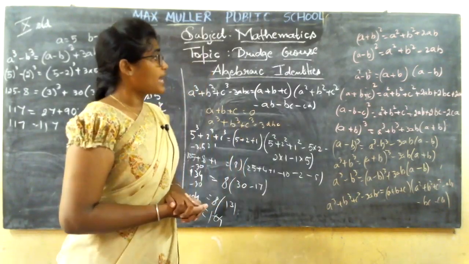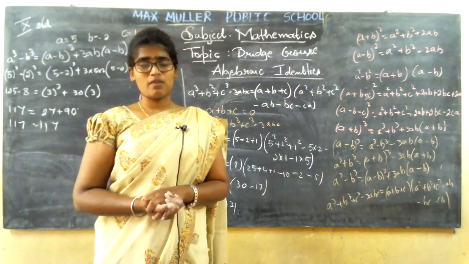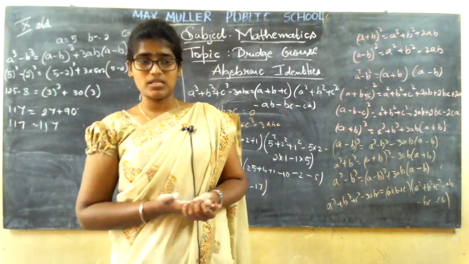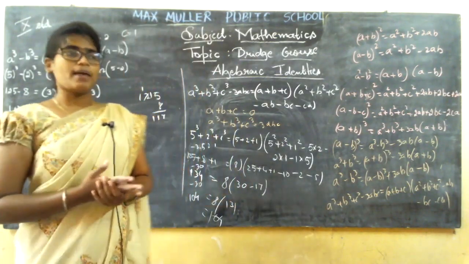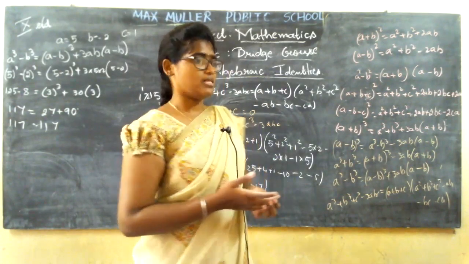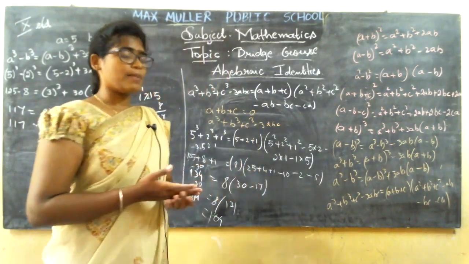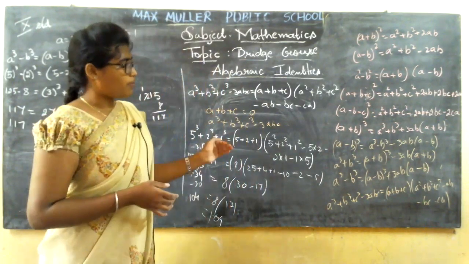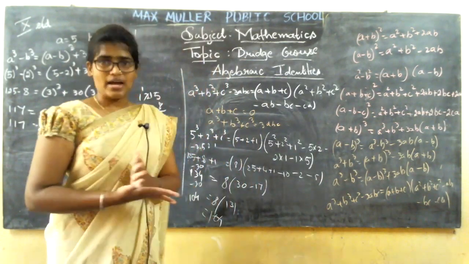Then what is left? a plus b plus c the whole square formula is a square plus b square plus c square plus 2ab plus 2bc plus 2ca. a minus b minus c the whole square formula is a square plus b square plus c square minus 2ab plus 2bc minus 2ca. So all the identities are done here.